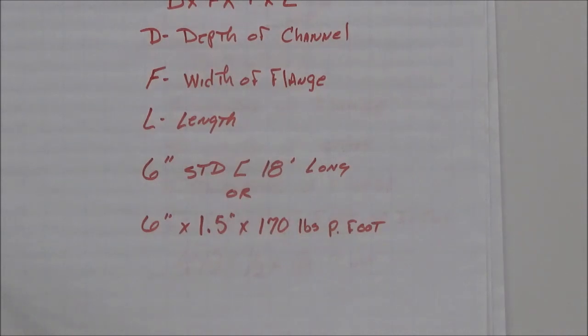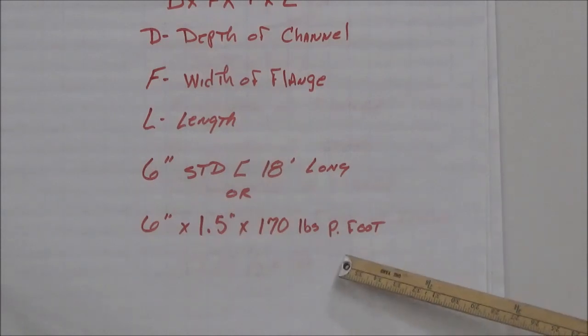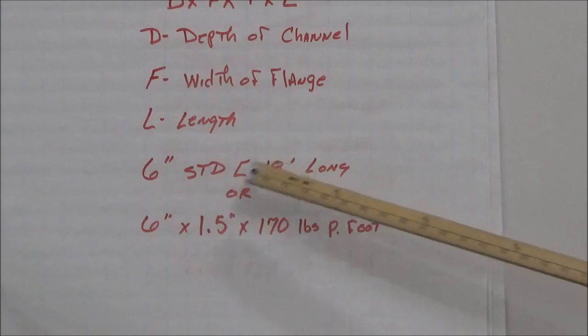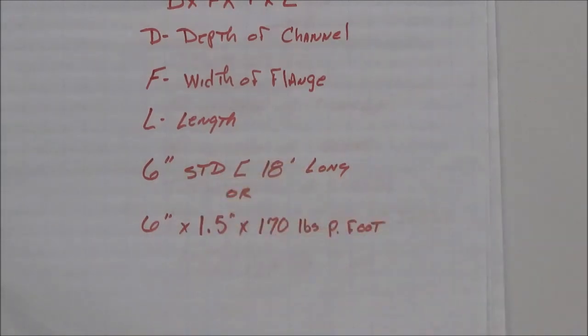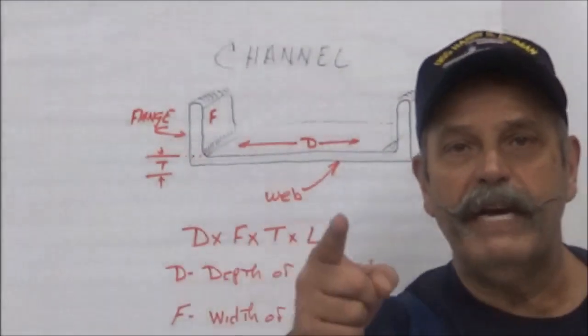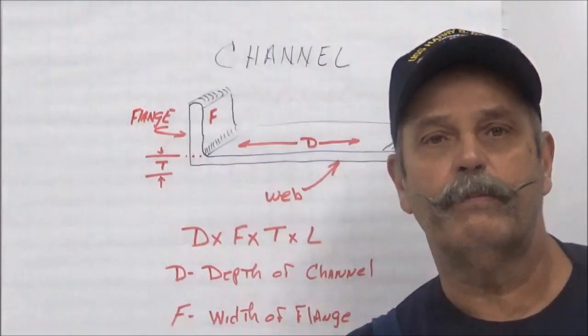Every foot of that channel is going to be 170 pounds per foot, and it is going to be 6 inches from here to here. Now the rest of it's going to change. The thickness is going to change and such as that, but it's still going to be 170 pounds per foot. So channel iron can be ordered, and other steels also can be ordered in pounds per foot as well as standard sizes. Alright guys, now you tell me that was not a lot of information to absorb here.